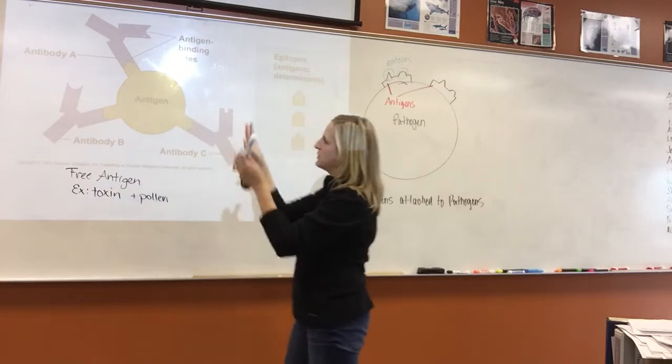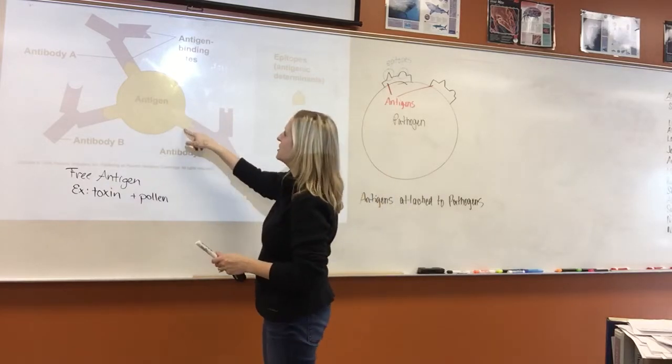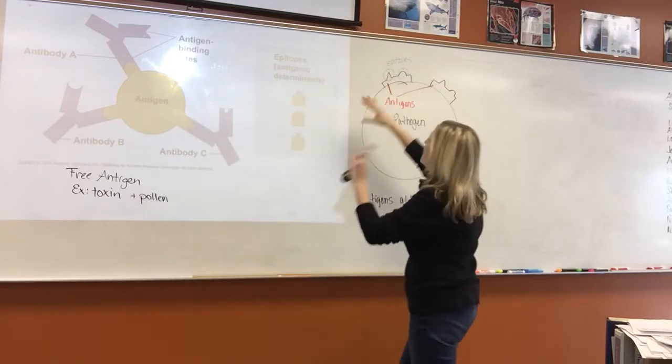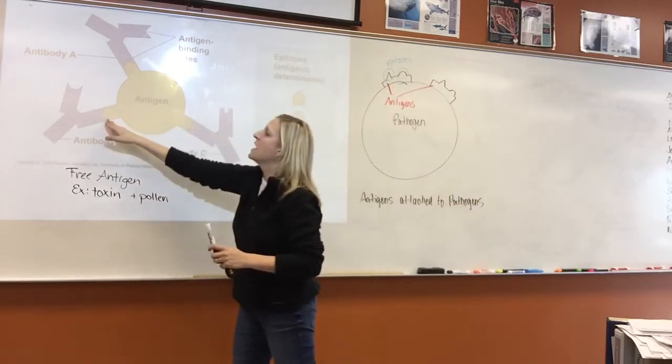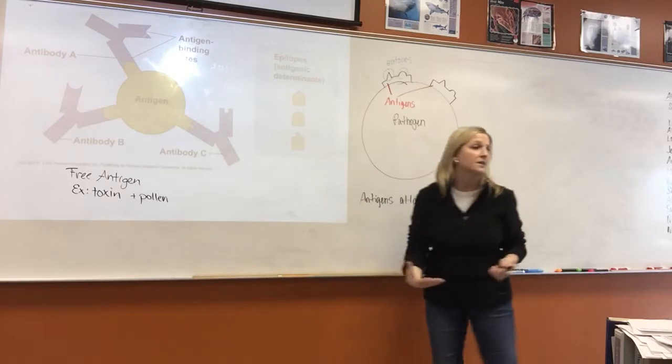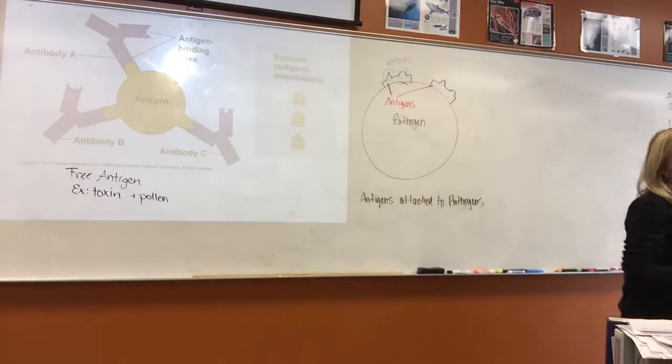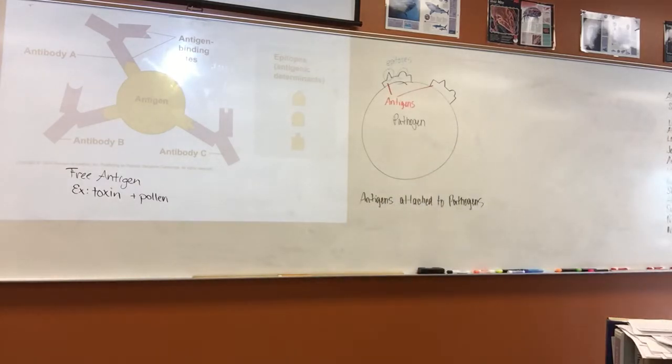So antigens can be free, but the antigens, whether free or attached to a pathogen, have specific shapes that our body recognizes as foreign and therefore elicits a response to. All right, and the shape is what's important.